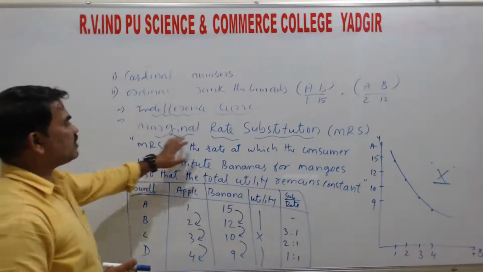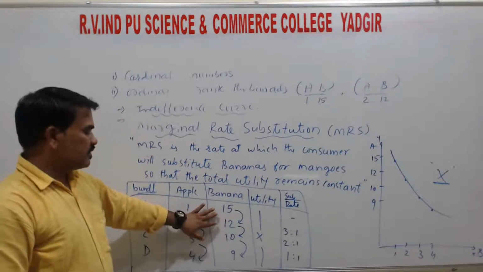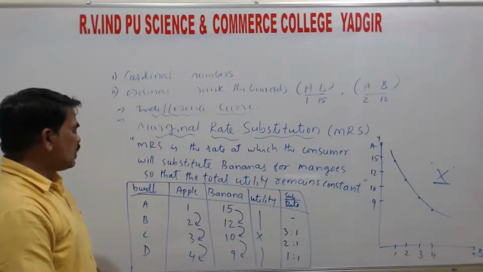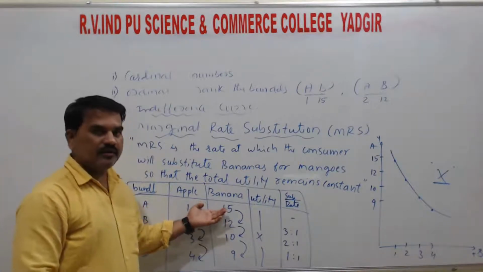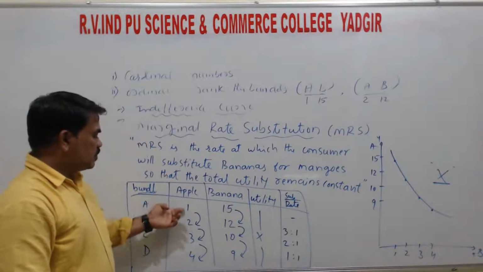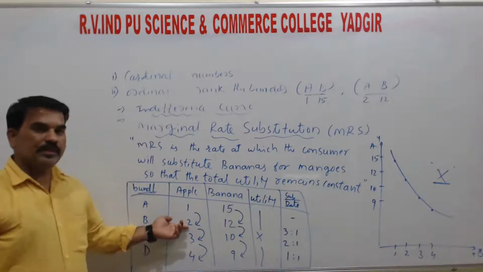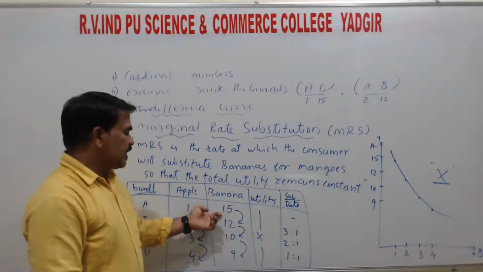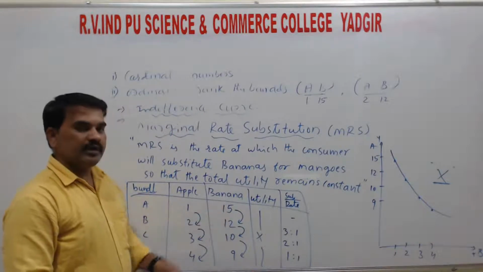And in marginal rate of substitution, if we observe this table carefully, what he is doing here is, in the first combination, 1 apple, 15 banana, correct? In the second combination, if he wants to change this combination and add 2 apples here, he has to reduce the quantity of banana, that is from 15 to 12.